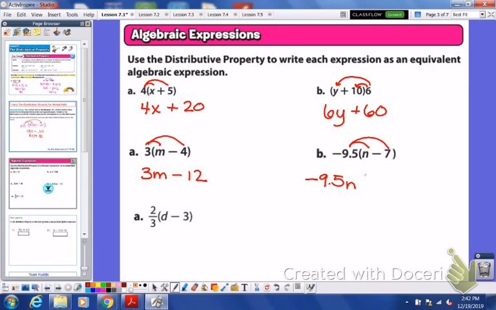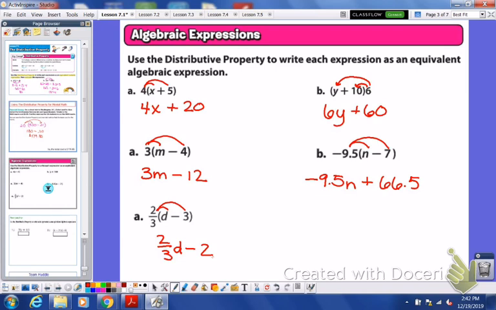Well, I know two negatives make a positive, so it would be plus 66.5. And the last one, dealing with some fractions here. 2/3 times d minus 3 leaves us with 2/3 d minus 2/3 times 3, which would be 2, so 2/3 d minus 2.